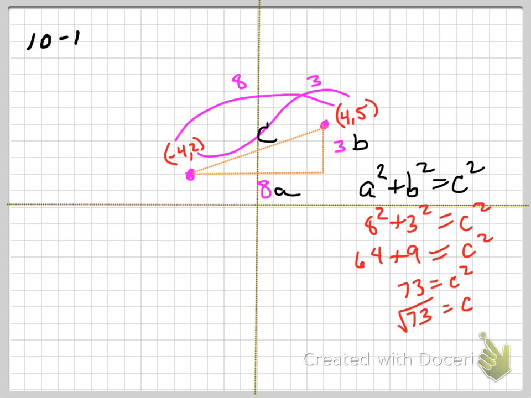And like I said, you don't even need a picture. If I cover up the picture, I can get my 8 and 3 without it being there. And there's my legs for my Pythagorean theorem. So I just did a distance question without the formula.